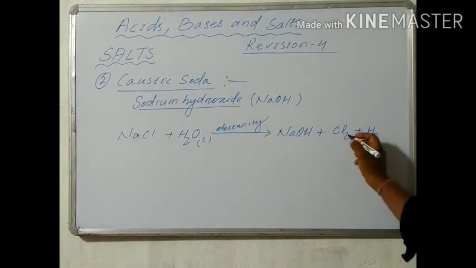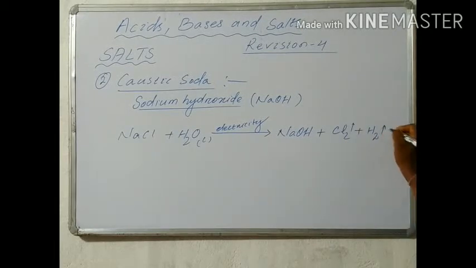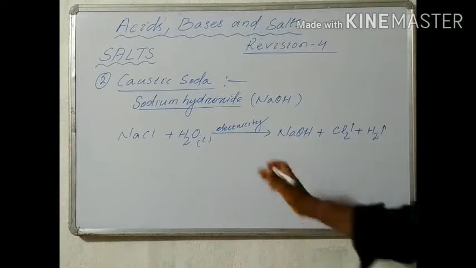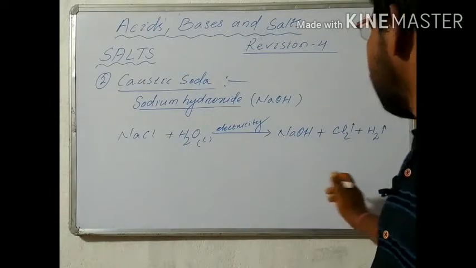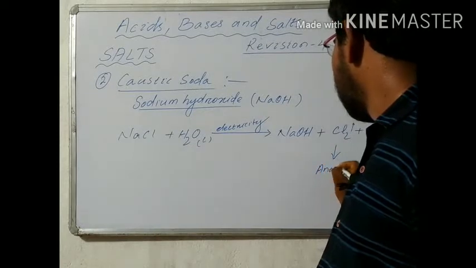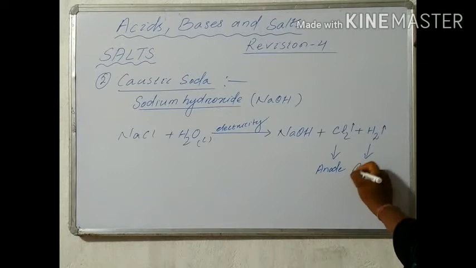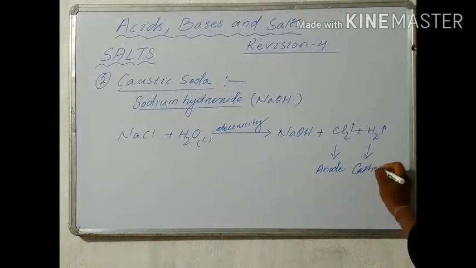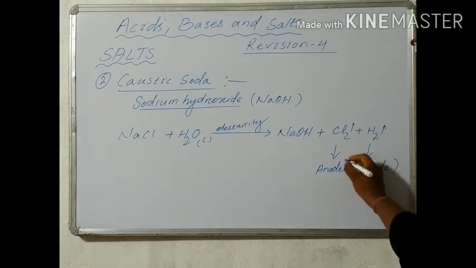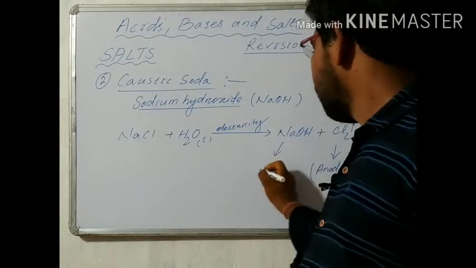Two gases are released. It is an electrolysis process in which chlorine gas is evolved at the anode and hydrogen gas is evolved at the cathode, and the sodium hydroxide is also formed at the cathode.